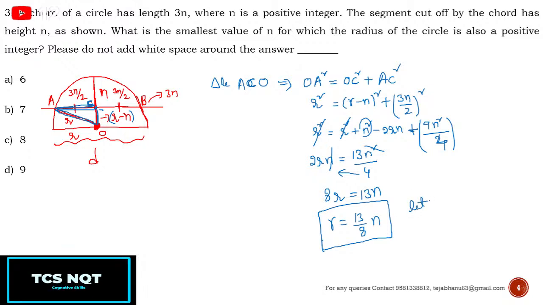Let us assume n is equal to 8. If you assume n equal to 8 from the options, then r will become 13. So option C is the right answer.